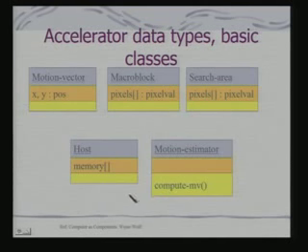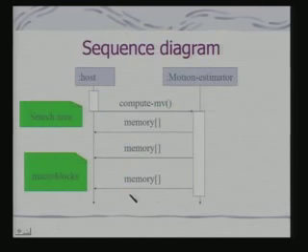Now, this should be represented through a sequence diagram. Okay. So, you have got the host, this is an instance of the host, this is the instance of the motion estimator, this is the search area and the macro block. So, what you have got? The host actually makes a request to the accelerator for computing the motion vector.